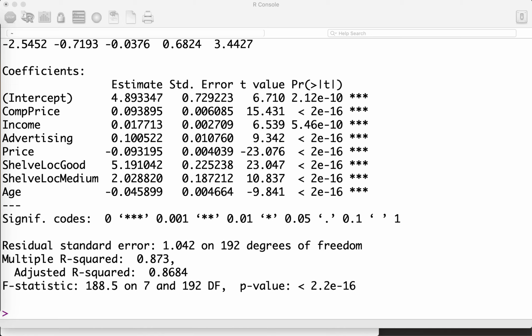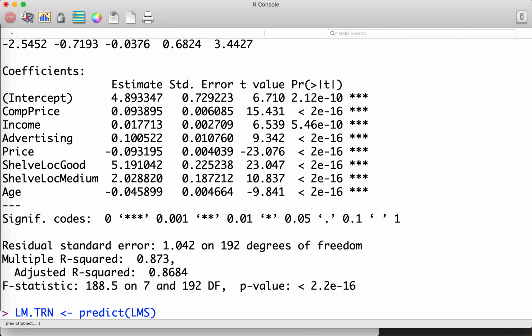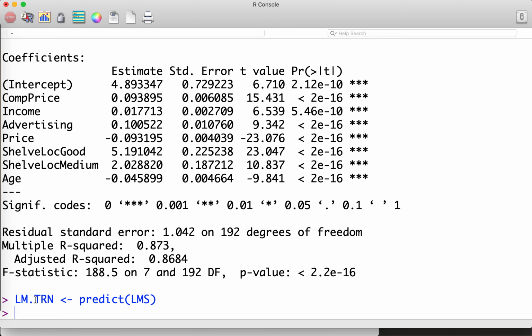And now we want to do prediction. So LM training prediction. So predict just LMS. So then we use the training set. And what is the mean squared error?